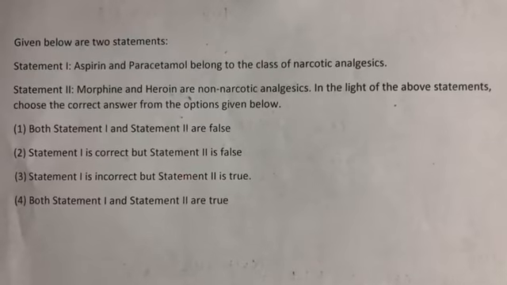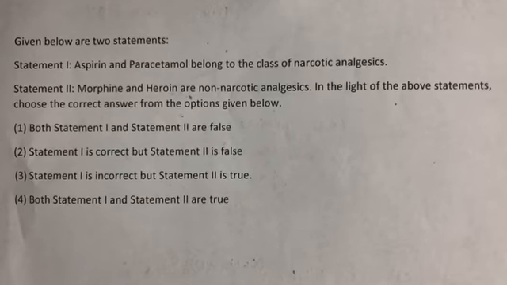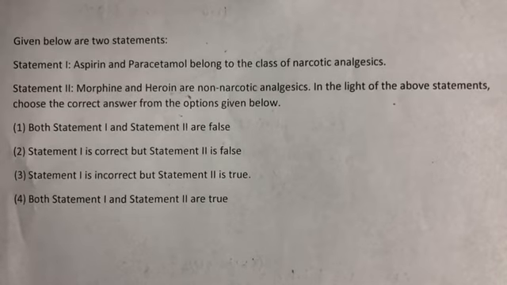Second point. Two statements are given and we have to find out which statement is true or false. Either both are true, both are false, or either one is true or false. The first statement is aspirin and paracetamol belong to the class of narcotic analgesics, and the second statement is morphine and heroin are non-narcotic analgesics. So in the light of the above statements, choose the correct answer from the options given below.